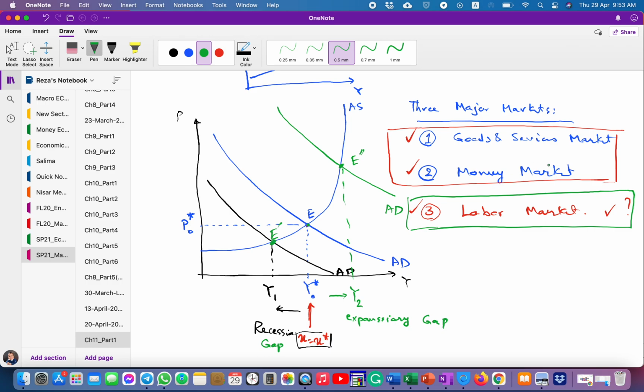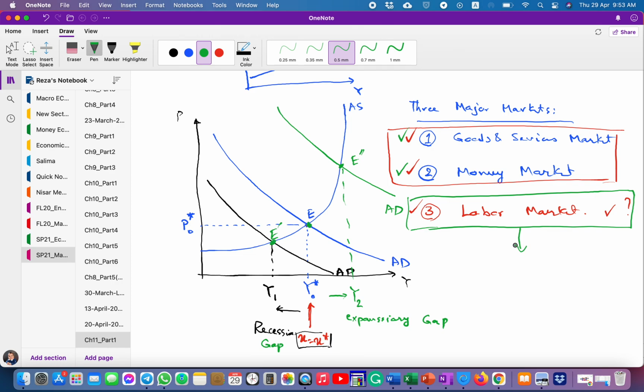So aggregate demand and aggregate supply guarantee that two of them are happening. The intersection guarantees two of them, but the third one depends on whether or not the labor market is in equilibrium also.